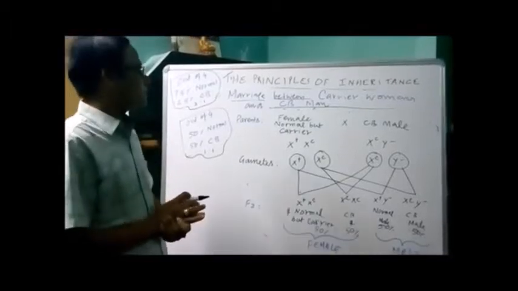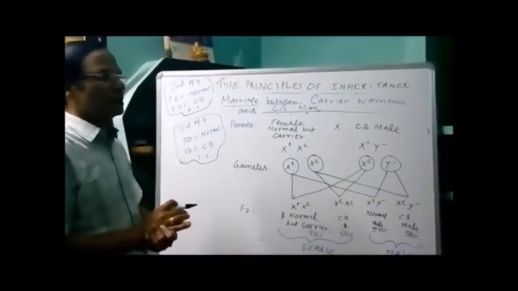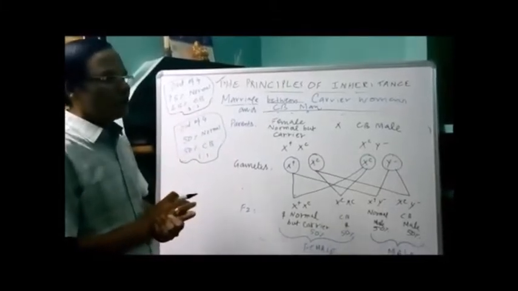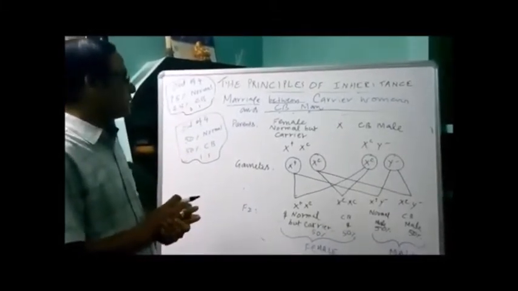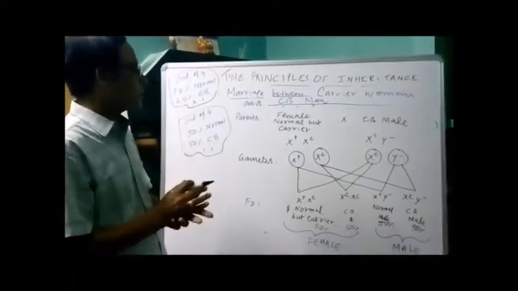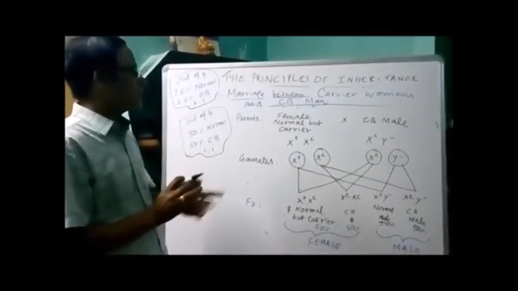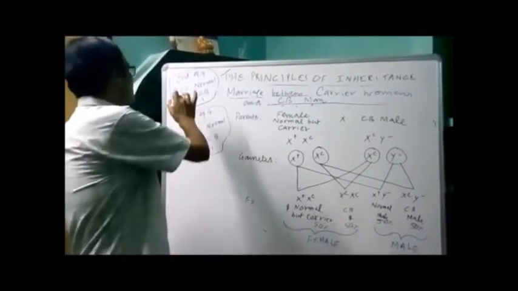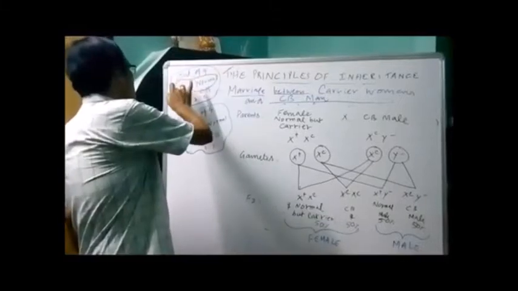Now in the previous instance, a marriage between a normal woman and a colorblind man, we got a carrier female and a normal male. Out of the 4, 75% of the individuals are normal.